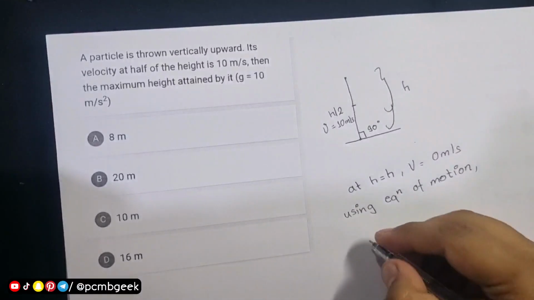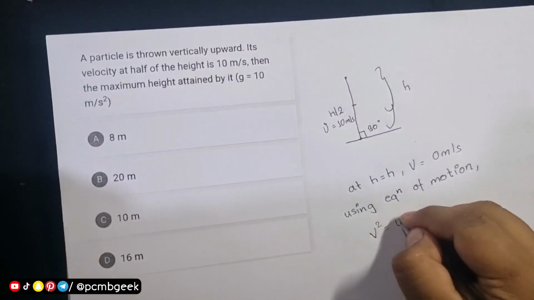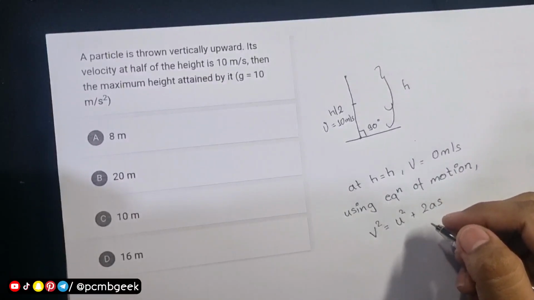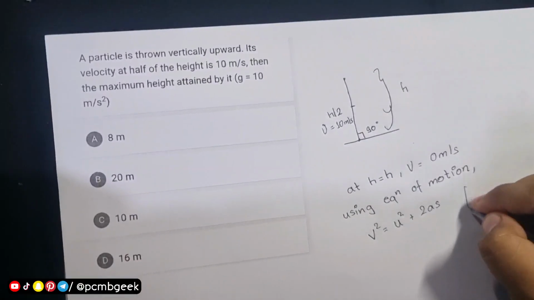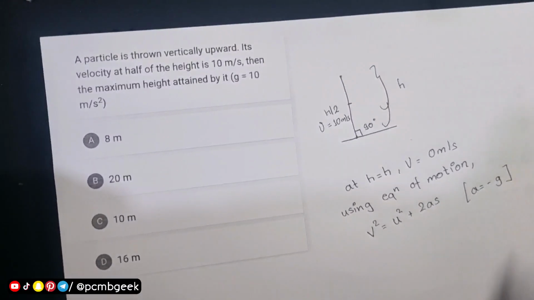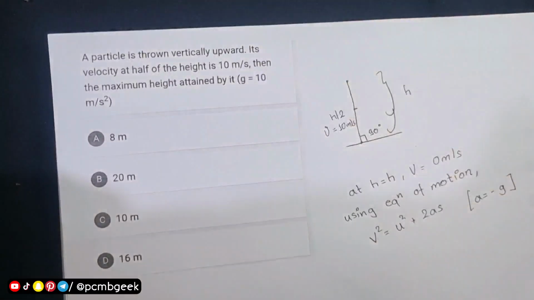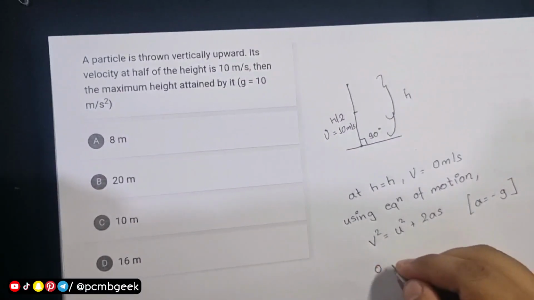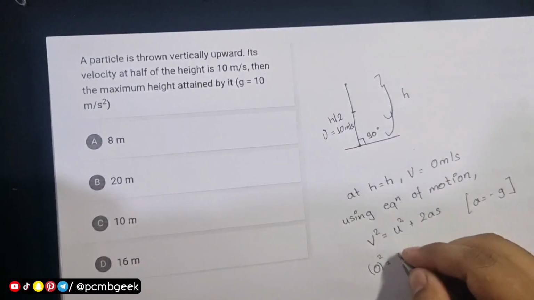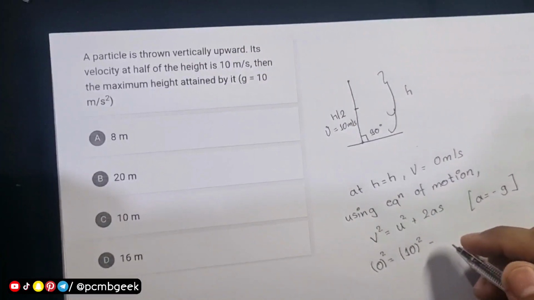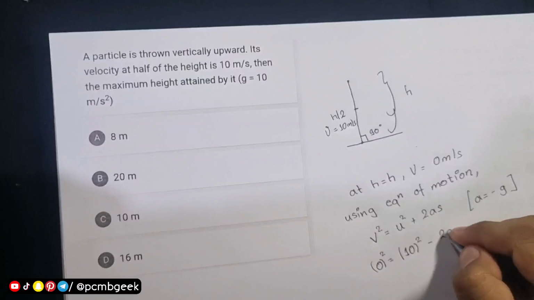In equation of motion, we get v square equals u square plus 2as. In such a condition, the acceleration is negative of acceleration due to gravity, as we are going against the gravitational force. So v square is 0 and u square is 10 square, minus 2 times g times s.